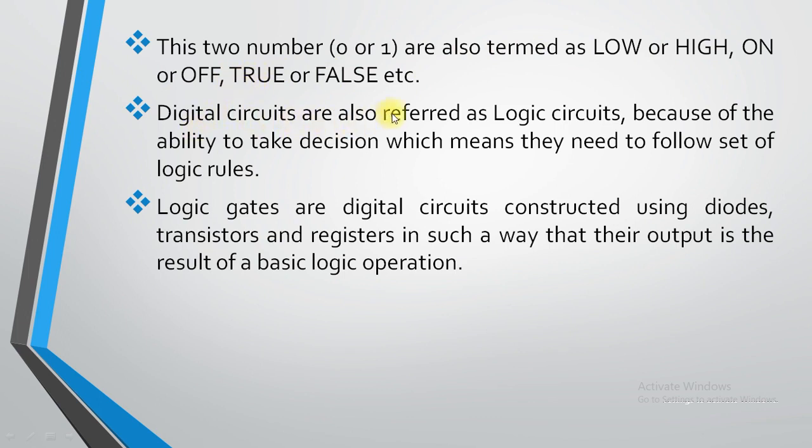Now digital circuits are also referred to as logical circuits. Whatever circuit you form using digital or binary information can be referred to as a logical circuit. Why? Because using a logical circuit, you have the ability to take decisions, which means they need to follow a set of logic rules. What is a set of logic rules?